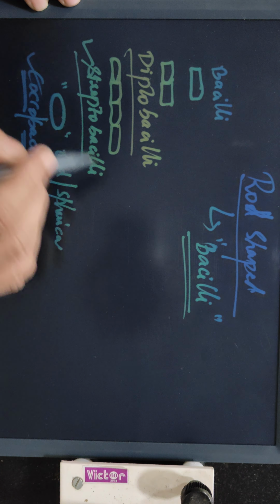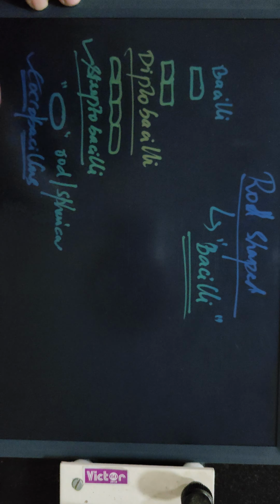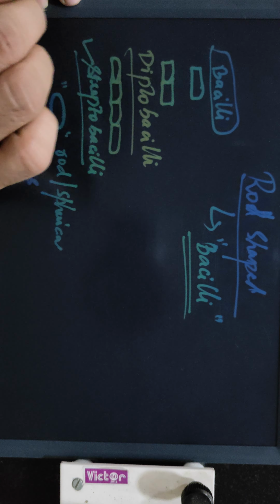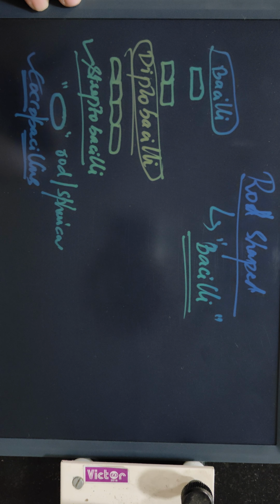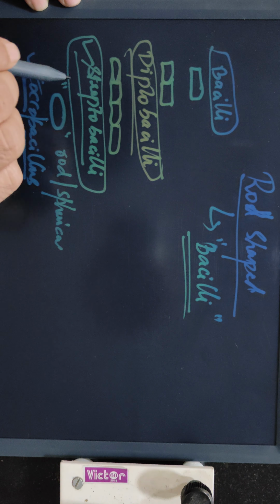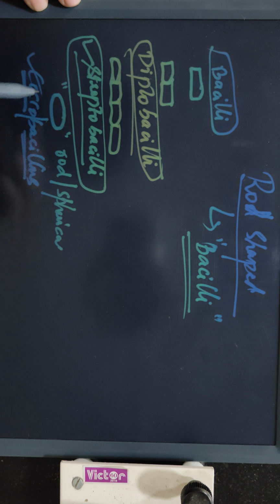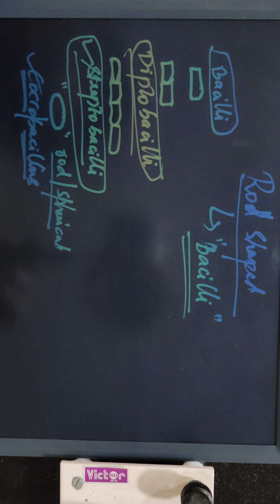Streptobacillus if it is in the form of chain, diplobacillus if it is in the pair, and if it is single it is bacilli. In the pair, diplobacilli, and in the form of chain, streptobacilli. And if it has the characteristics of both rod and spherical, then it's called cocobacilli.